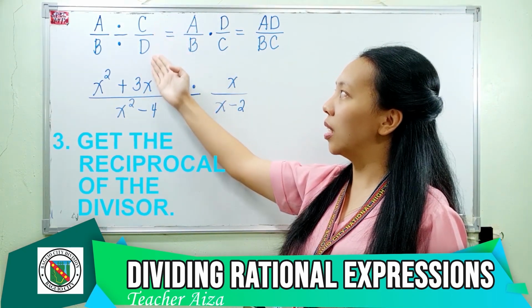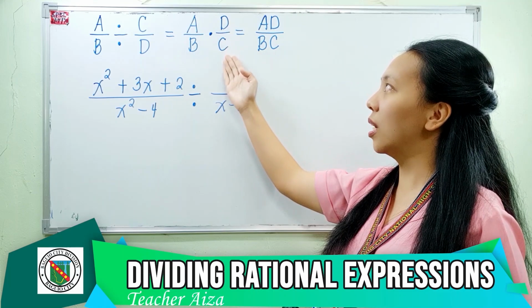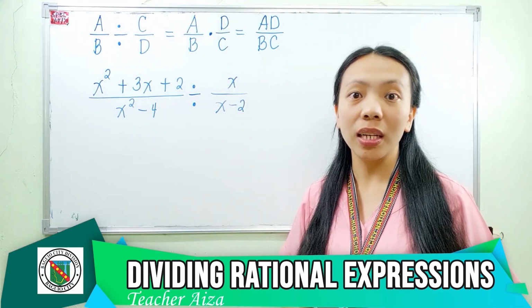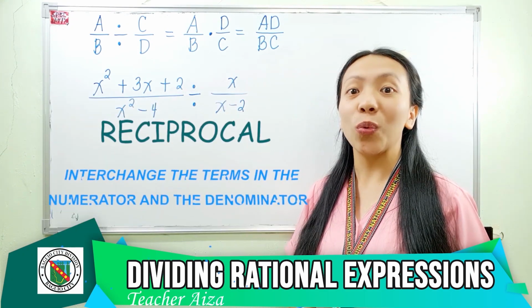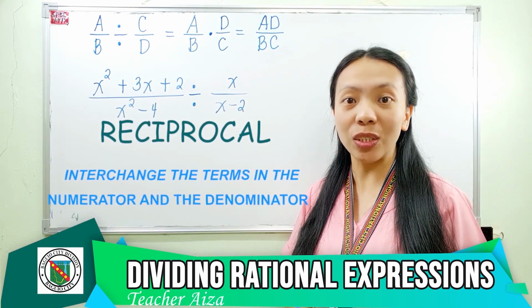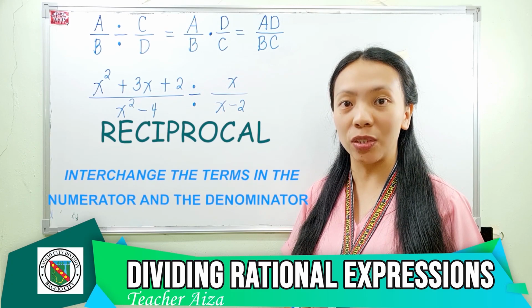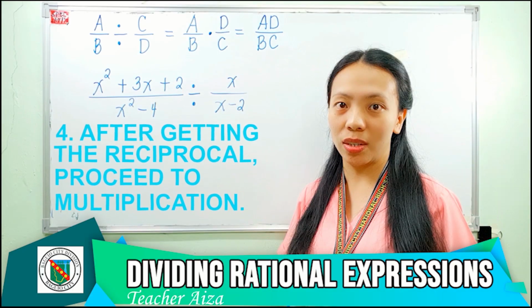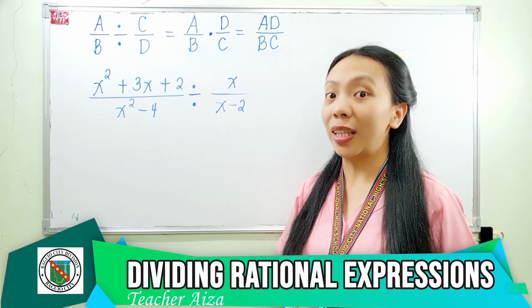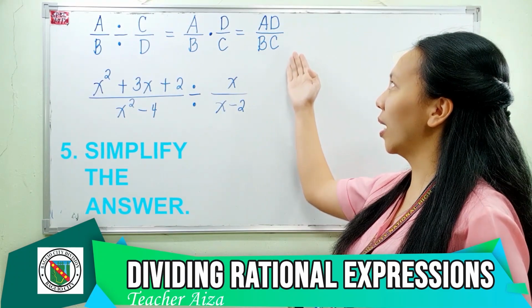From C over D, we'll be having D over C. When we say reciprocal, it is actually 1 divided by the number. Or what we do is to simply interchange the terms in the numerator and the denominator. And the final step is to simplify the answer.